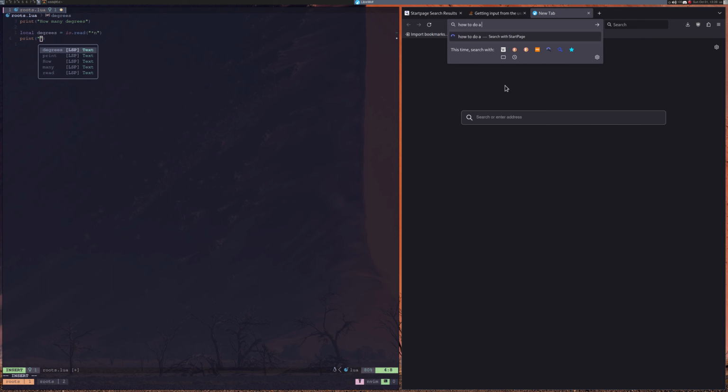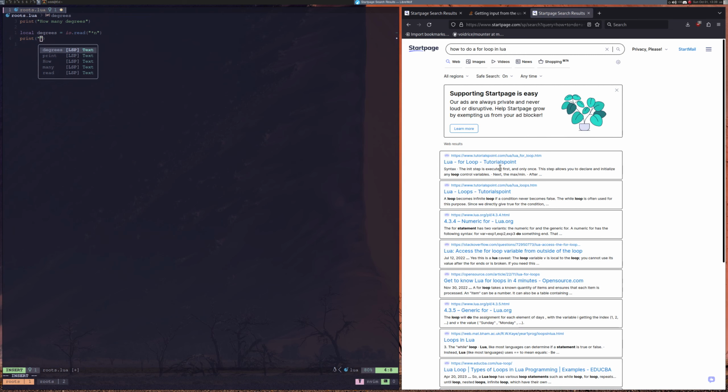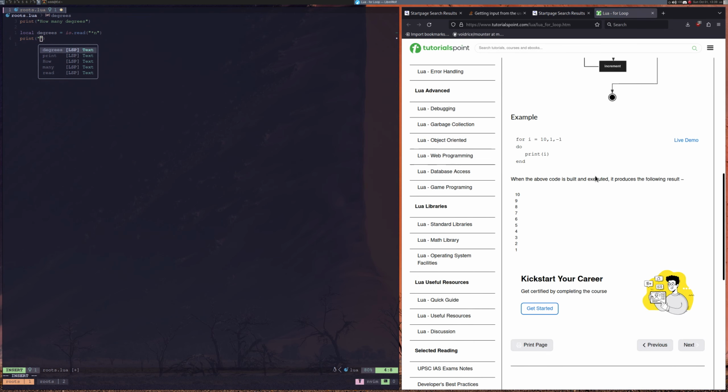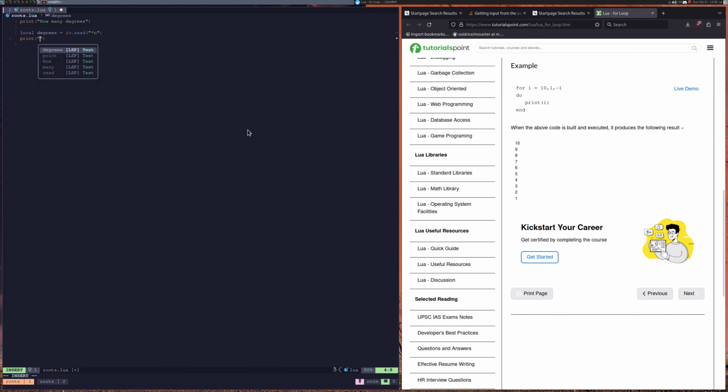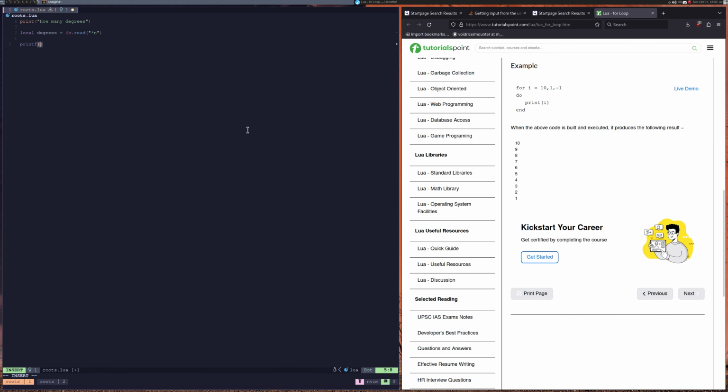How do I do a for loop? So we're gonna need to do a for loop in order to get all the different degrees. Right.